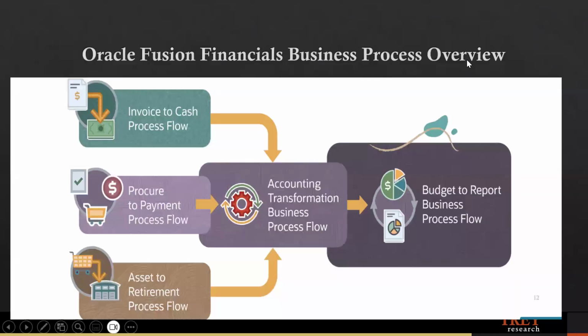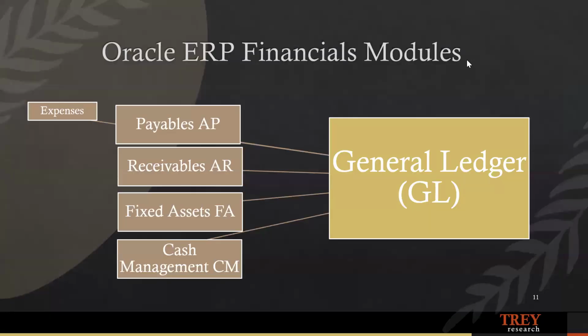So at the Oracle level, we divide the main business process into three components. Okay, one is the invoice to cash flow, another is the procure to payment flow, and the third is the asset acquisition to asset retirement process. These three are business flows. I explained previously, right?